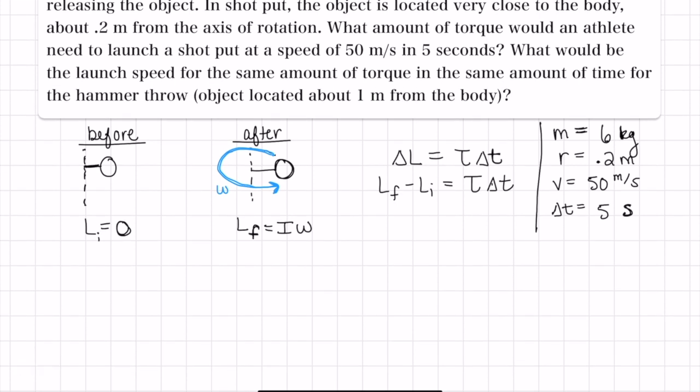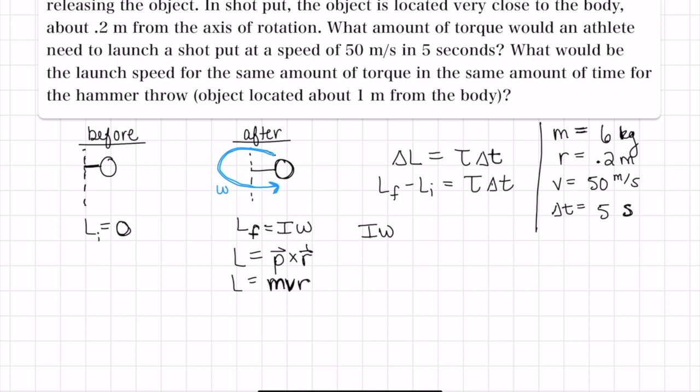Our V initial is 0, but our V final is R times omega. The other equation that we have for when we can treat our system or object as just a particle moving at some distance away from some center, like we have here, is we can write our angular momentum as momentum cross r, which would just be MVR for the situation here and any situation you would come across in your problems.